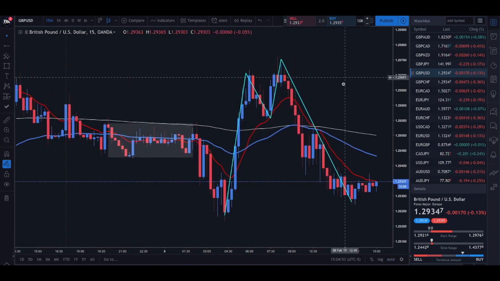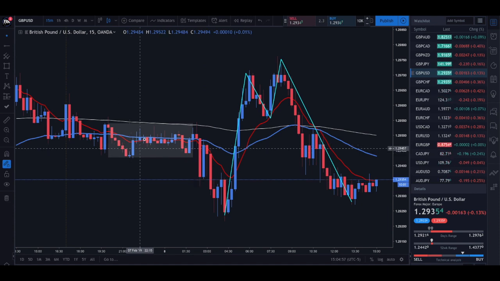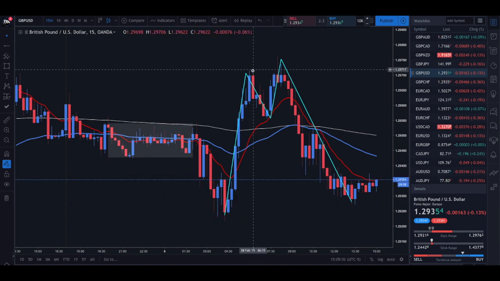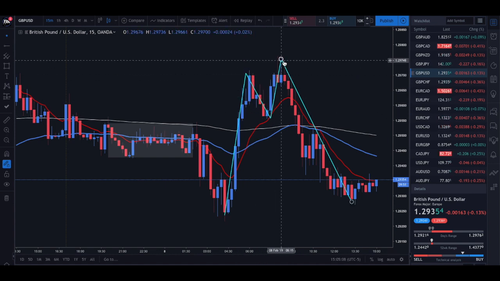Pound USD, same thing. All the pound pairs pretty much did the exact same thing. Asian range, initial move down, came back up. This one's a type 1 setup, and of course we have the first push, accumulate, second push to try to get traders to go long.